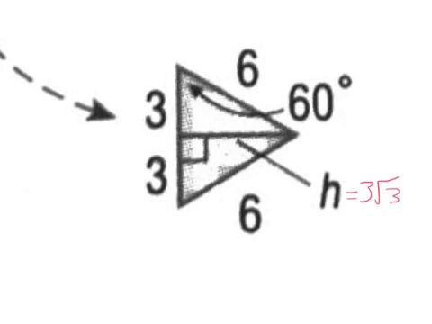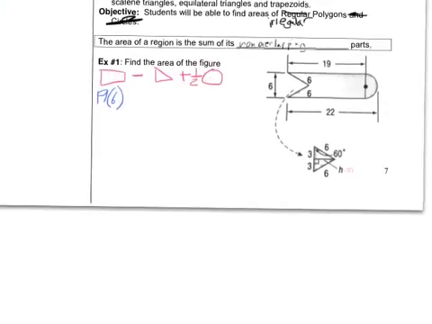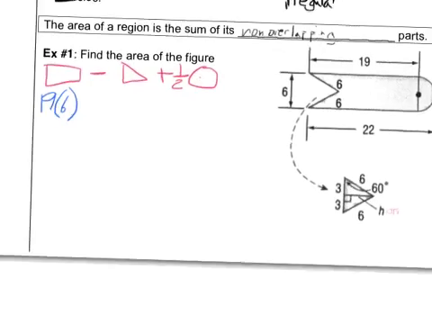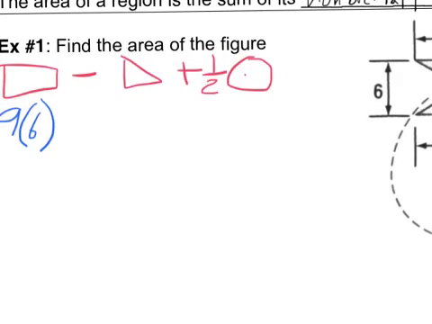So that means that I have a base of 6 and a height of 3 rad 3, so I can find the area of this guy. So the triangle is, we're subtracting the triangle because we took it away, minus 1/2. The base we said was 6, and the height we said was 3 rad 3.